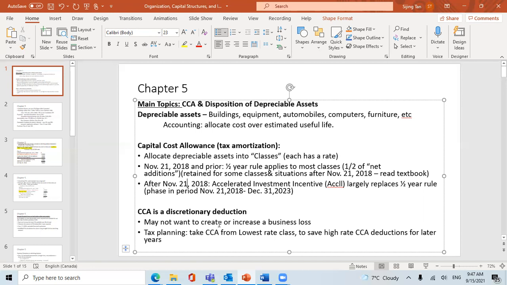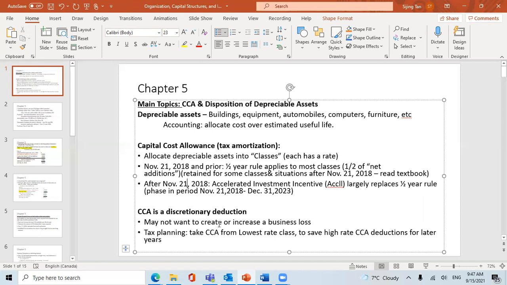So quickly reminding, prior to November 21st, 2018, the half-year rule applies to most classes. After November 21st, 2018, accelerated investment incentive rules replaced the half-year rule, but there are also some exemptions we're going to talk about in later slides.